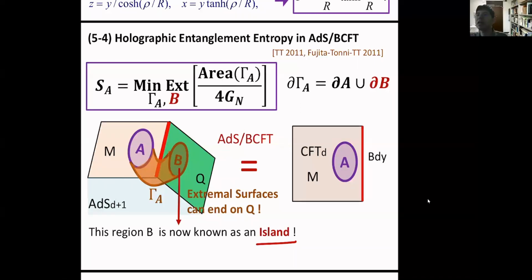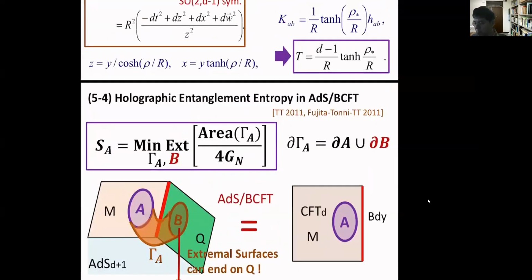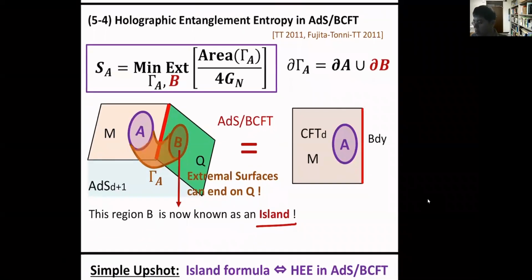You are right, that's very natural. Indeed, that's important. If A is far apart from the boundary, then the minimal surface is just the standard one because it's far from Q. So if A approaches the boundary, we have a phase transition where we get the non-trivial one. Yes.